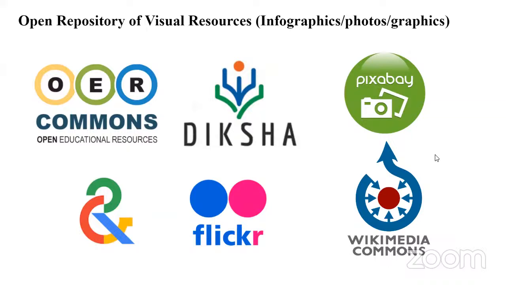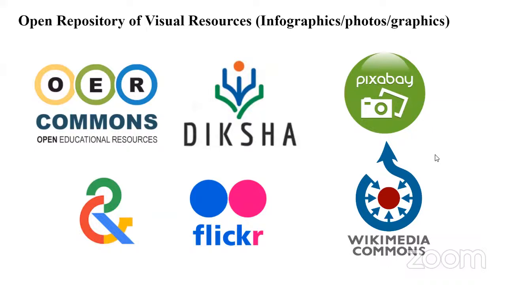You can search on these websites, and after seeing the particular license, that is Creative Commons, you can use those photographs or images for making your own infographics or concept map. So the open repositories of visual resources, meaning images and photographs, can be identified from these websites, but do take care of the licensing mentioned on these particular resources.